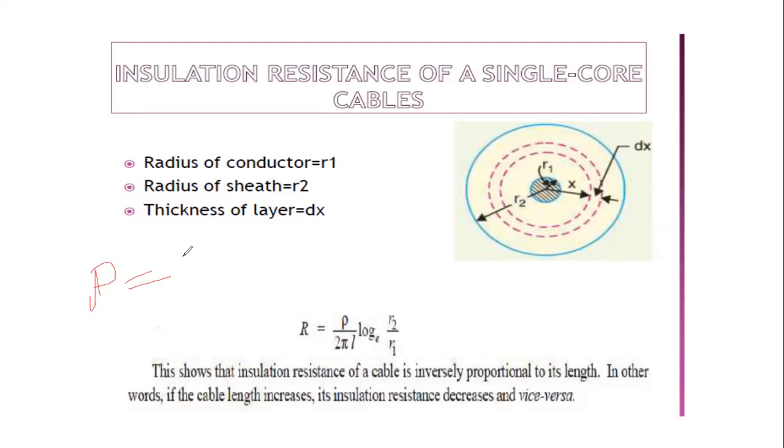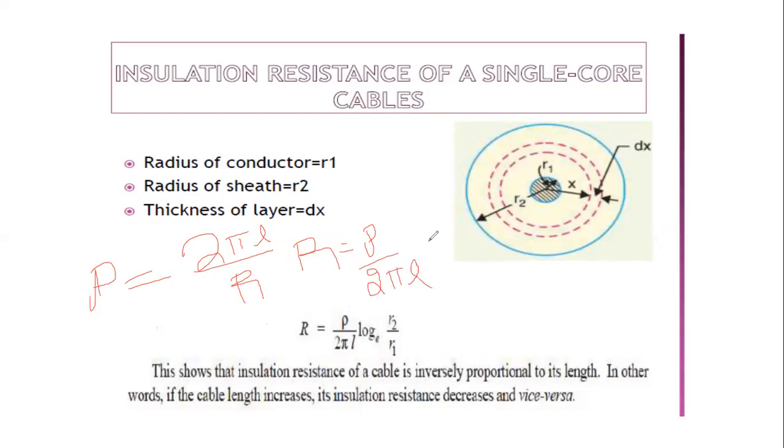We already know the basic formula for resistance, and by using this formula we write down the resistance of the cable. Therefore, resistance R is equal to rho by 2 pi L.